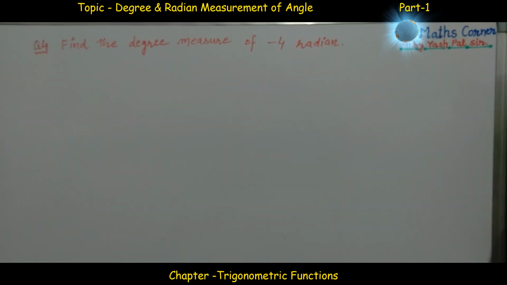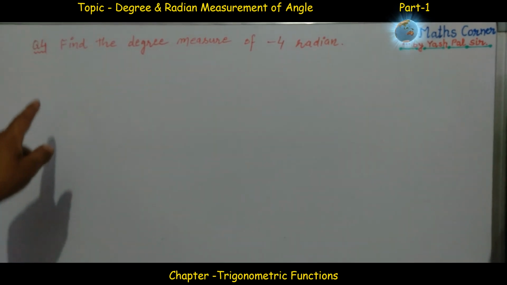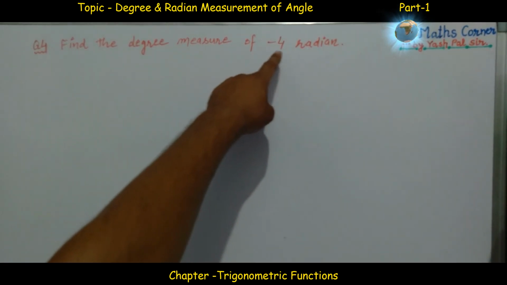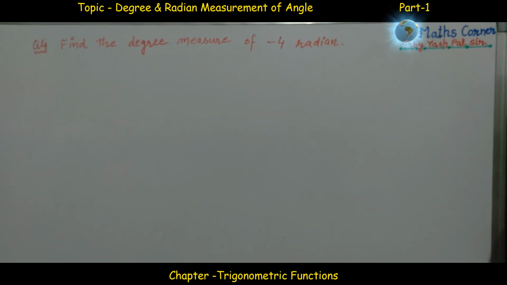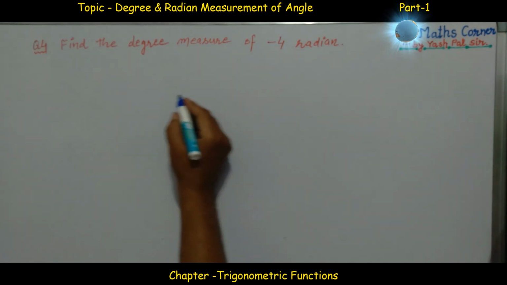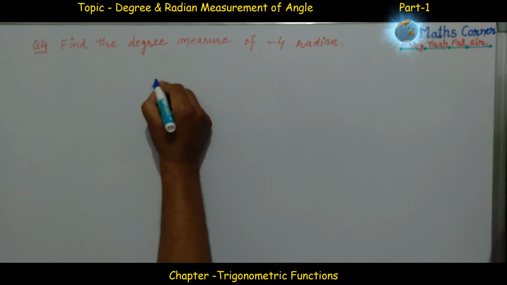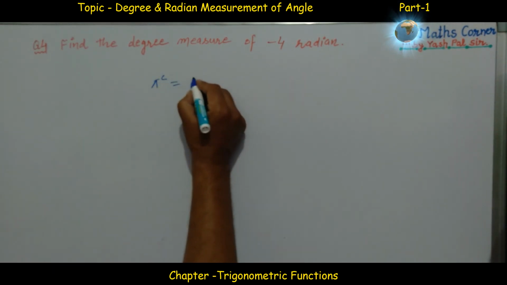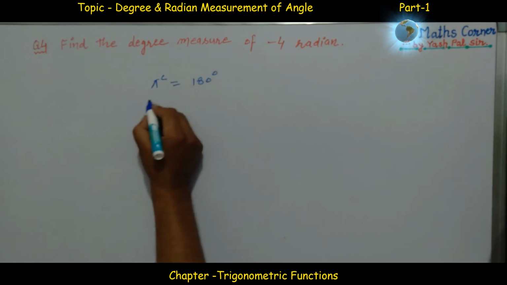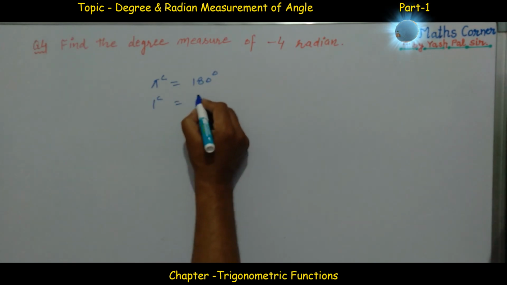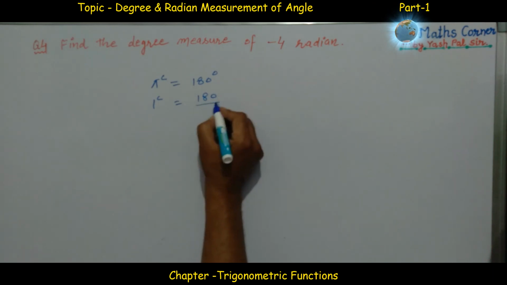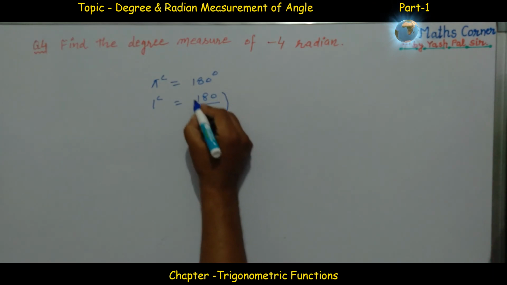Let us have one more question. Find the degree measure of minus 4 radian. So how to take this question? First of all, pi radian is equal to 180 degree. 1 radian is equal to 180 divided by pi, this becomes degree.